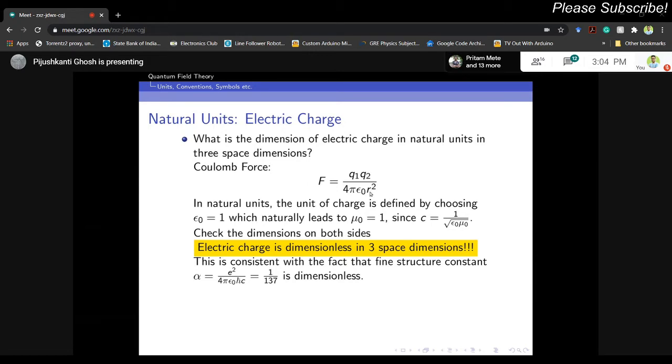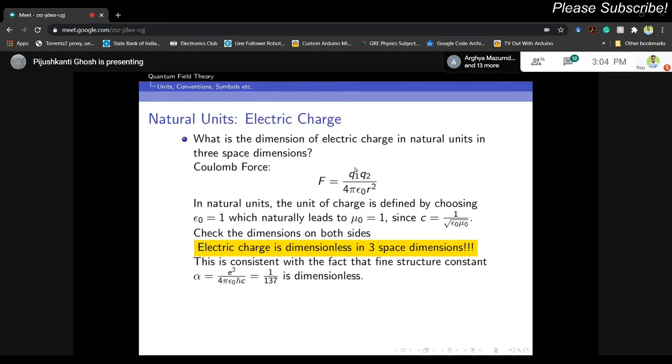And the right hand side you have 1 by L square. 1 by L square means M square. On the left hand side also you have M square, right? Right hand side you have M square, and on the left hand side you have M square. Right? Yes, sir.